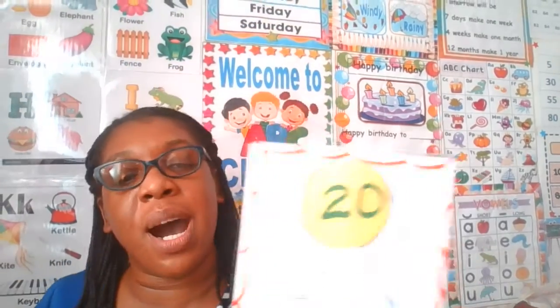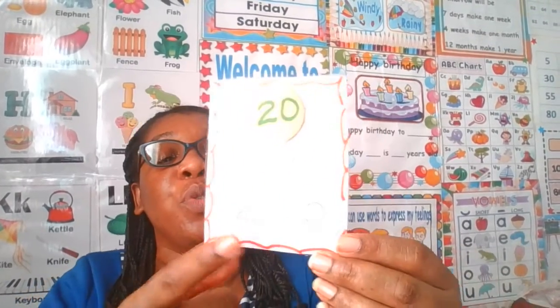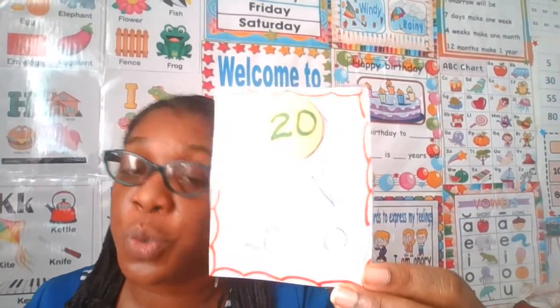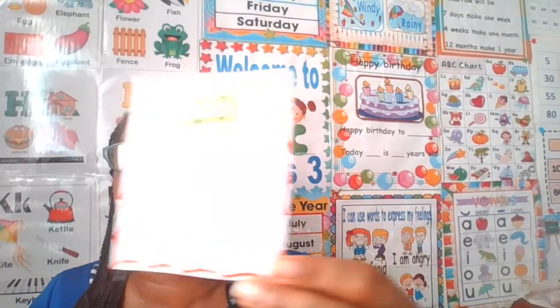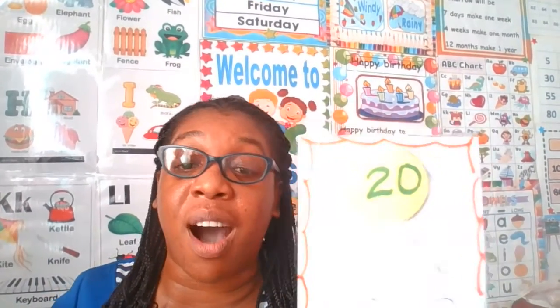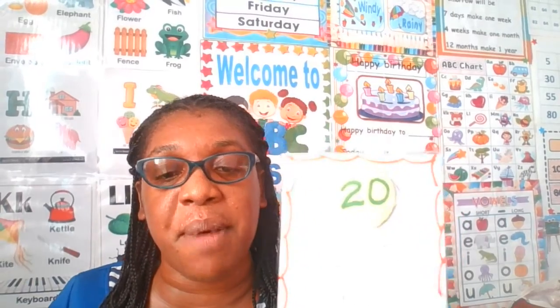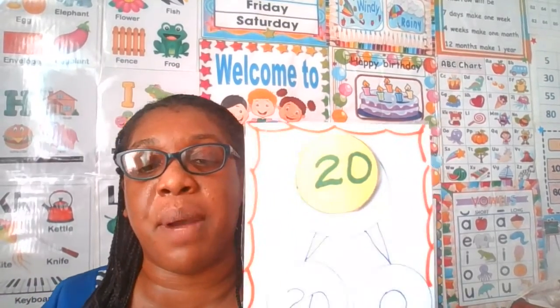I know my number bonds. Two numbers give you the whole. I know my number bonds, that make 20.